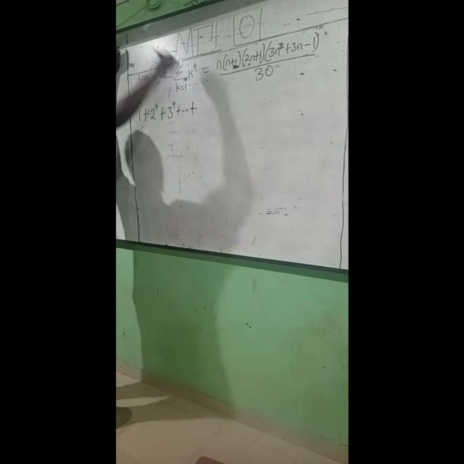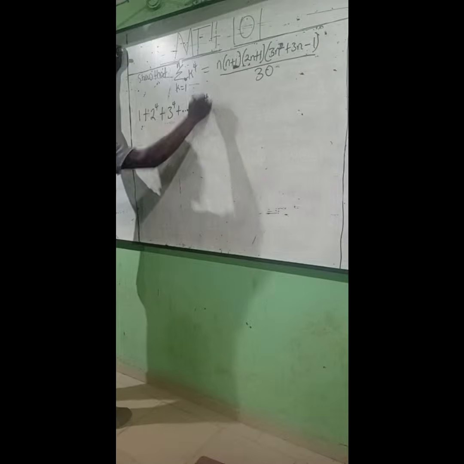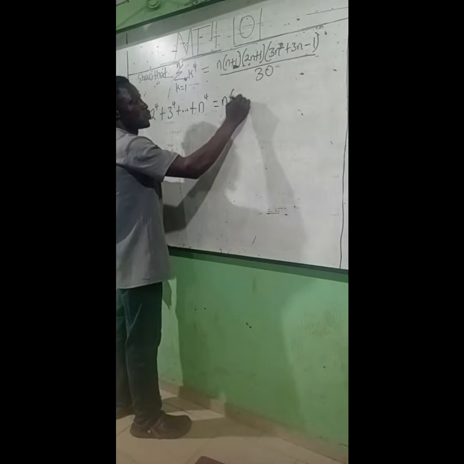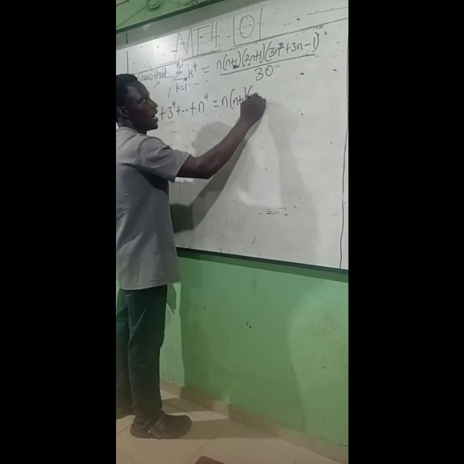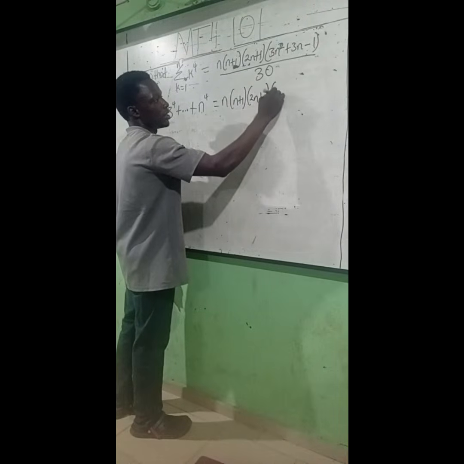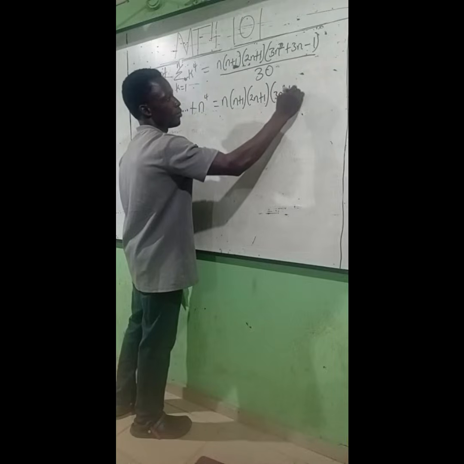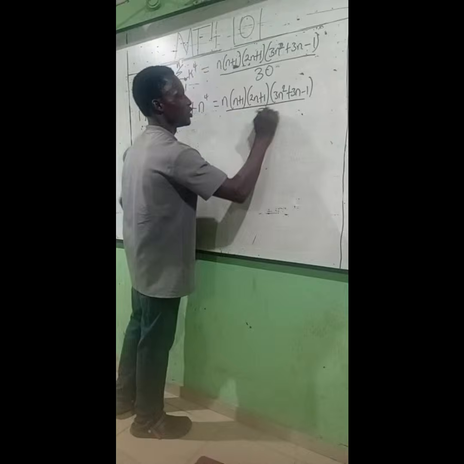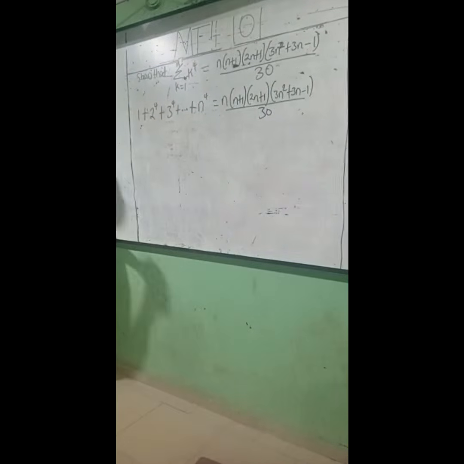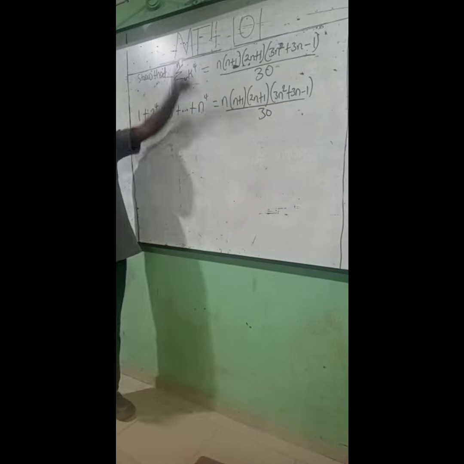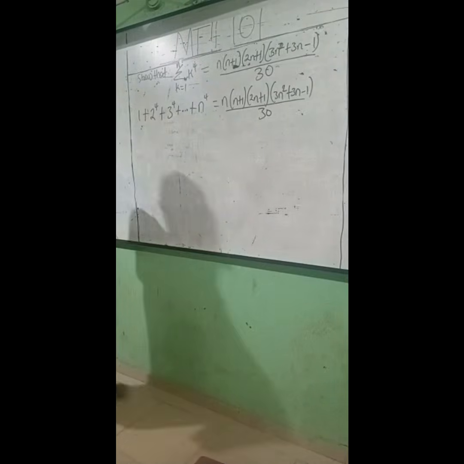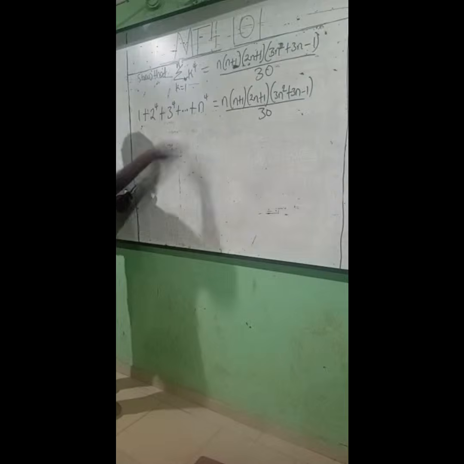When k gets to n, what will this be? n raised to power 4 equals n into n plus 1, 2n plus 1, 3n square plus 3n minus 1 over 30. So this is the question. Either this or this, you can solve it. Though you can do this directly, it's better you first interpret this aspect.